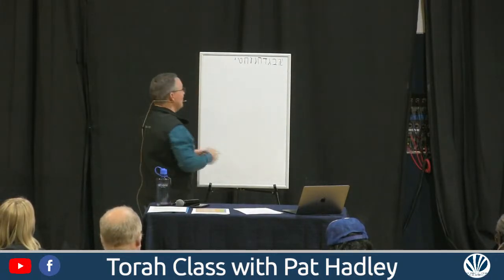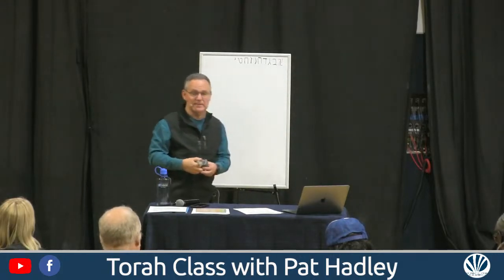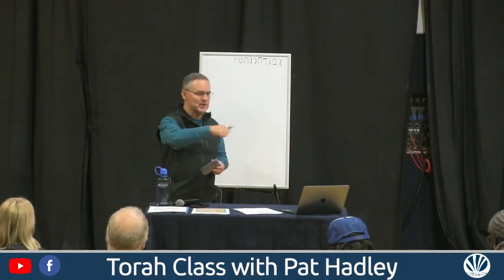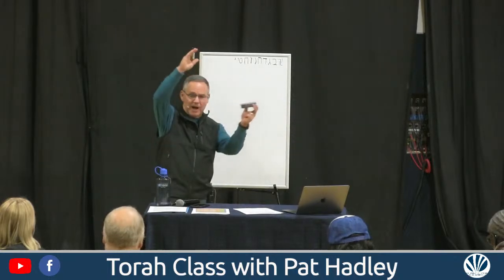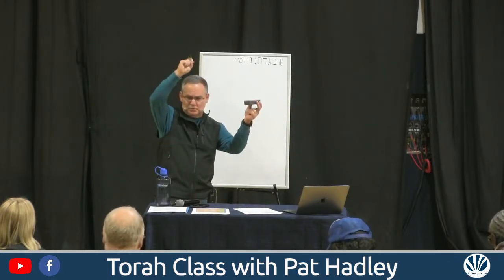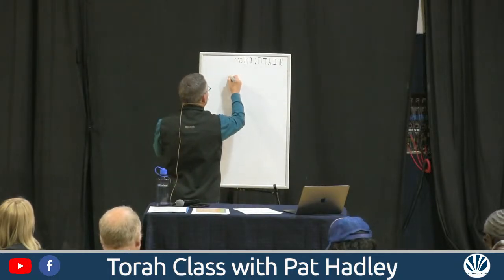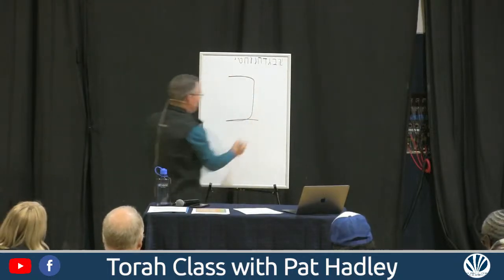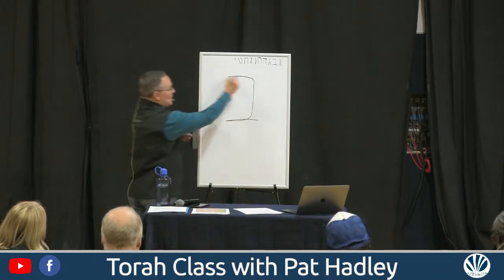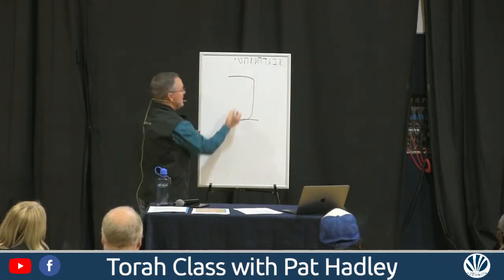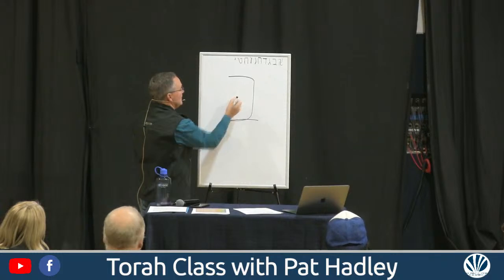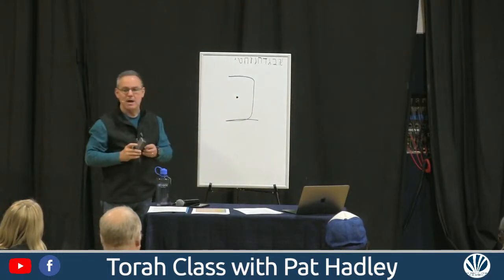By the way, Aleph is, in the original language, the head of an ox, and it means strength or leader. Okay? There's your Beit. It looks like that. So you draw it like this and down and around. If it has a dot in it, it makes a what? Ba.